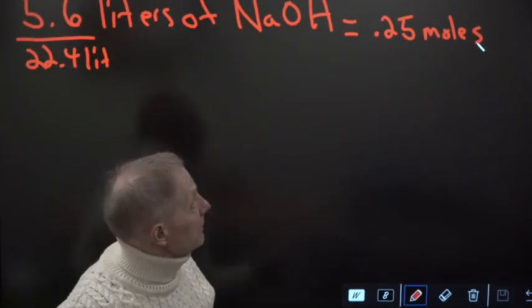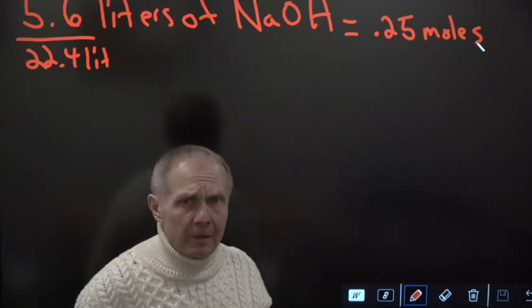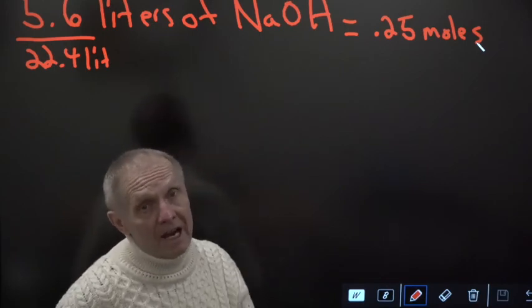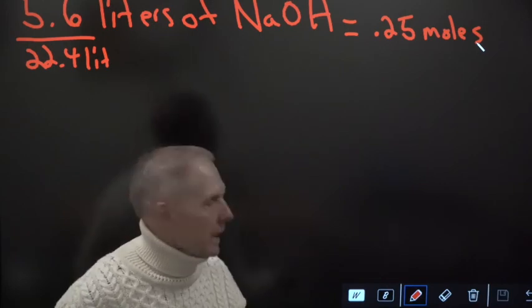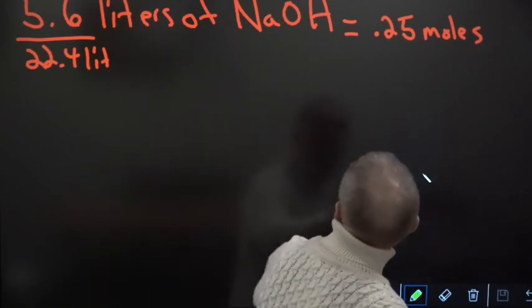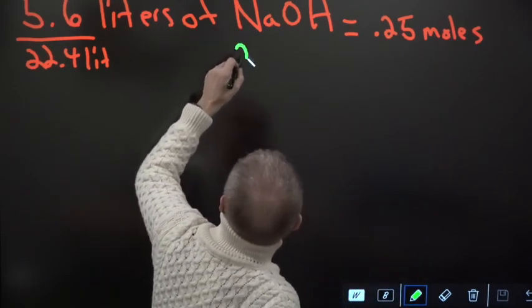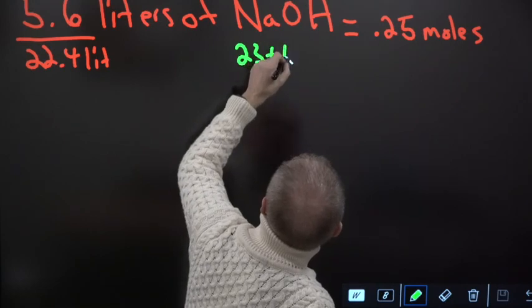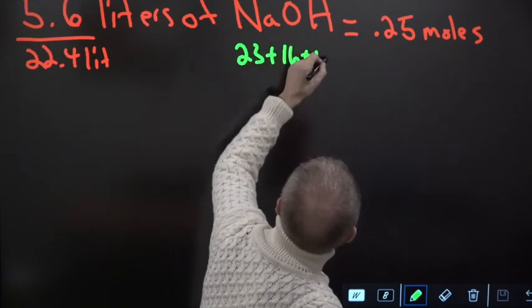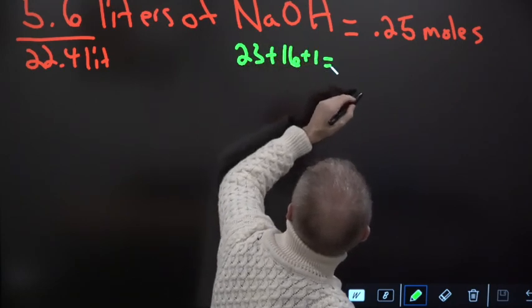Now, if I wanted to find out how many grams that would be, I have to find the molar mass of NaOH. So, Na, 23 plus 16 plus 1, and that equals 40.